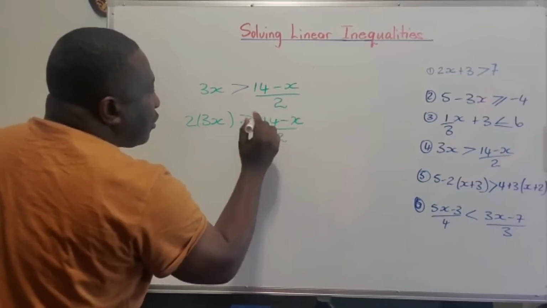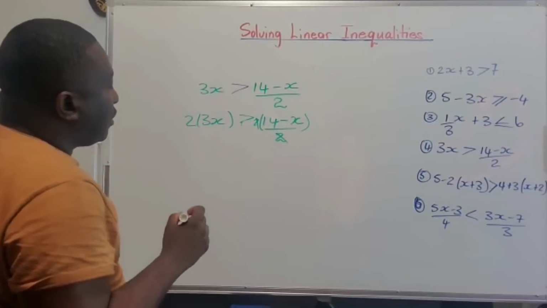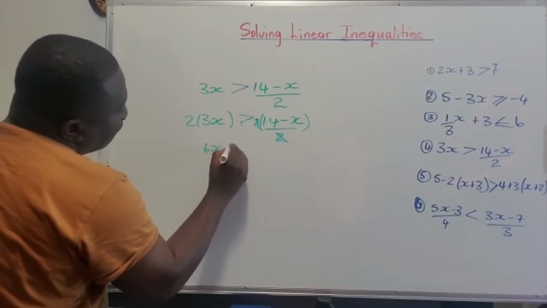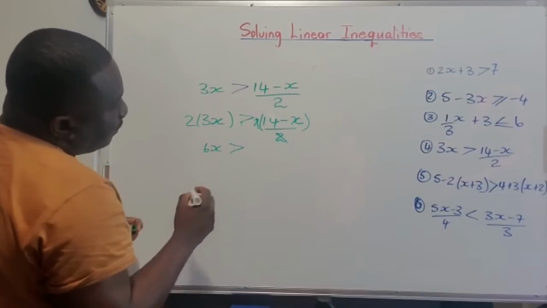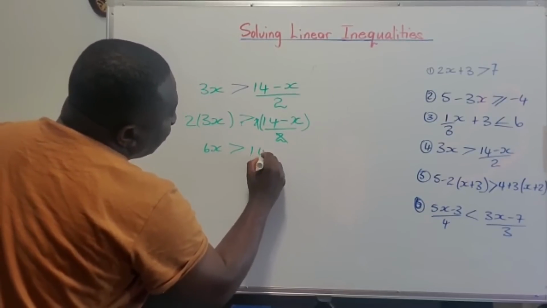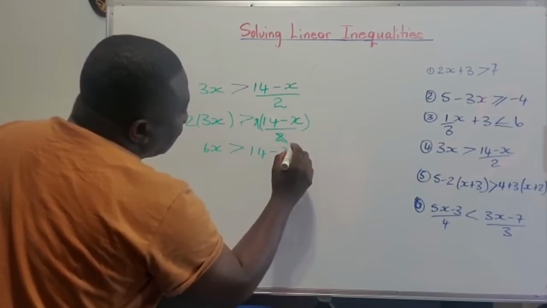Let me put the 2 before the bracket here. This will cancel. This will give us 2 times 3x, 6x is greater than 14 minus x.